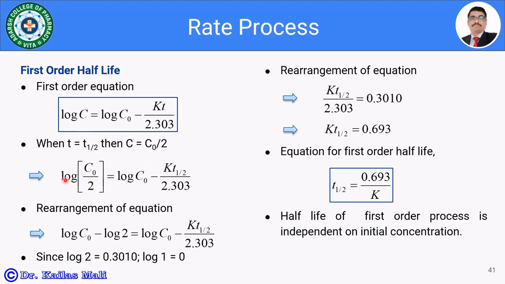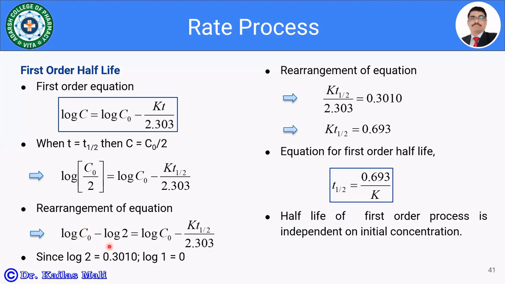So we will get log of C0 divided by 2 is equal to log of C0 minus k t1/2 divided by 2.303. Now rearrange this equation so that we get log of C0 minus log of 2 is equal to log of C0 minus k t1/2 divided by 2.303. For this rearrangement, you should know the logarithmic rules.